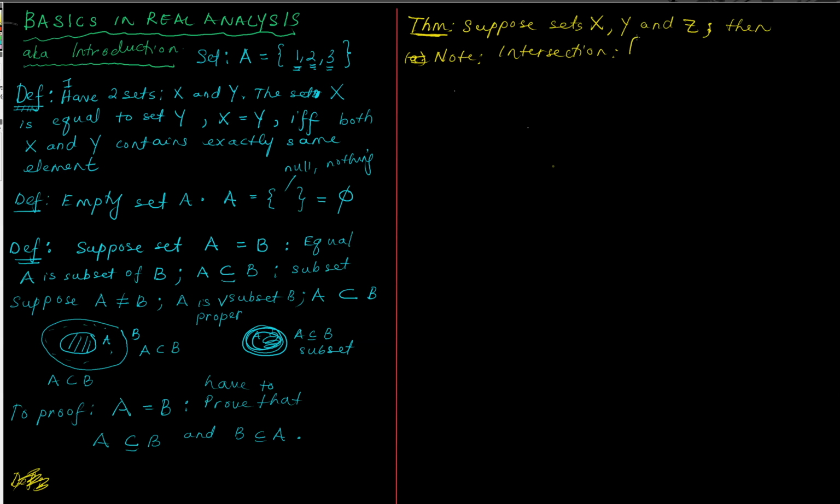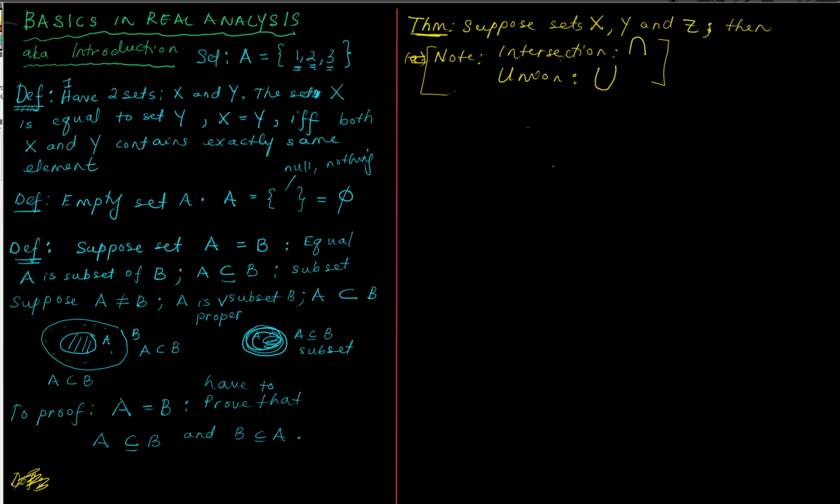Intersection is denoted by an upside down U. That's what I would tell my students. Union, we'll take a look at the definition later if we have time, looks like U. Okay, so this is a side note. Got a little sidetracked right here, but there you go.